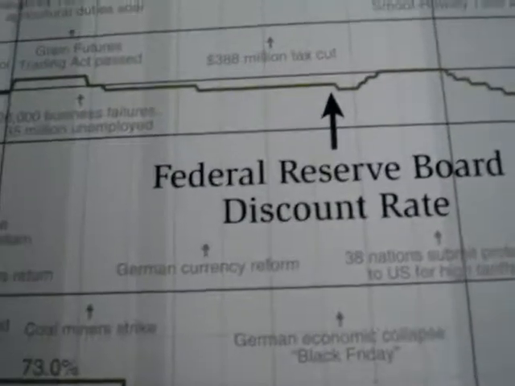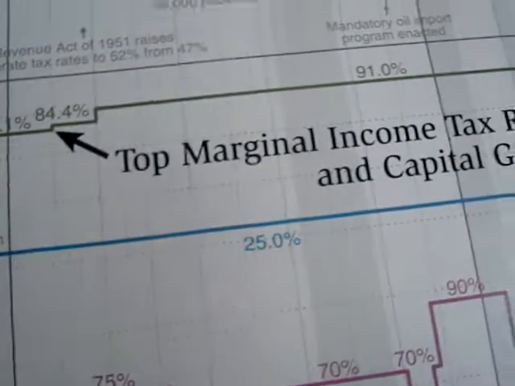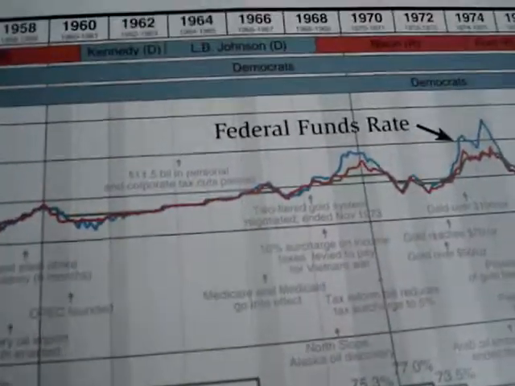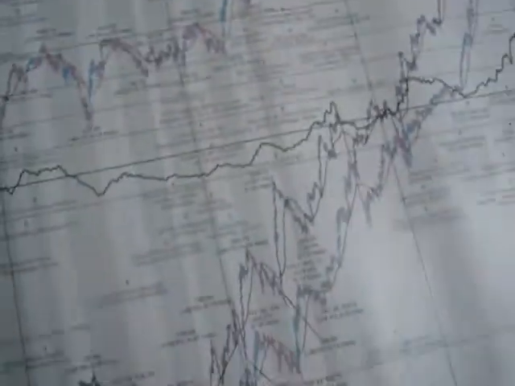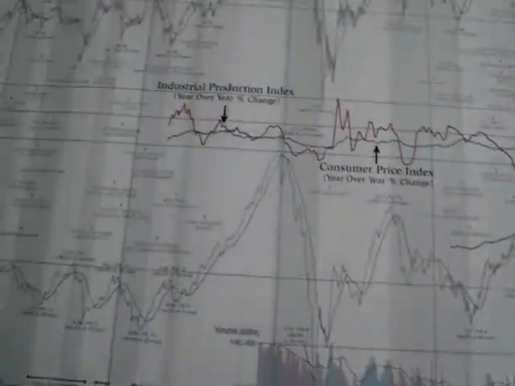And then you have Federal Reserve Board discount rate, and the 3-month Treasury bill rate, margin requirements, top marginal income tax rate and capital gains, federal funds rate, all on this one chart. And then you can kind of get a picture of what's going on.